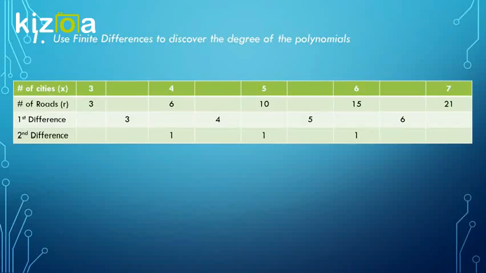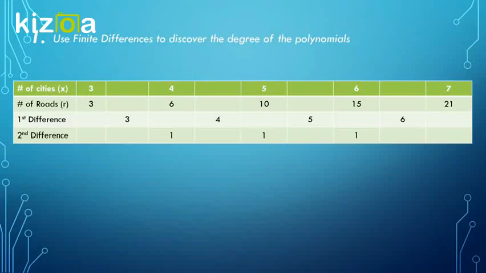As you can see here, I developed a table showing this. The number of cities is X, which is on top, and the number of roads is R. First, we'll discover the differences. We first subtract, for example, 6 minus 3 equals 3, 10 minus 6 is 4, and so on.